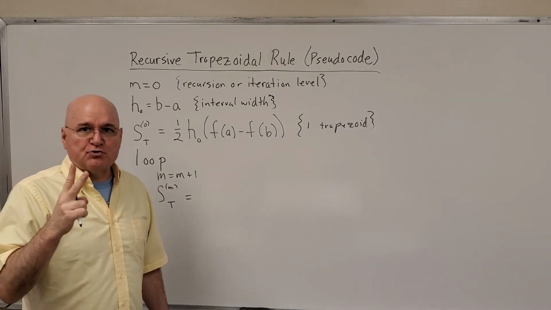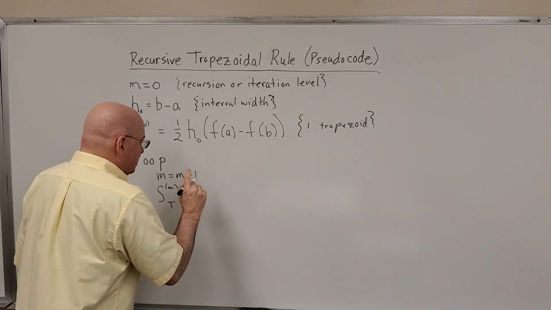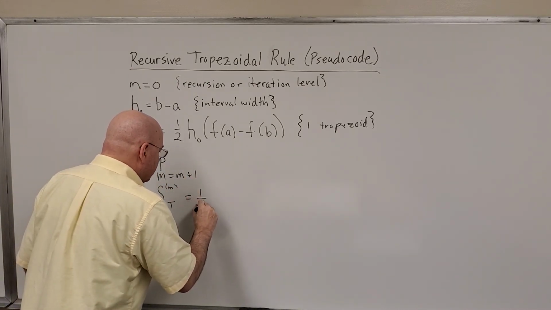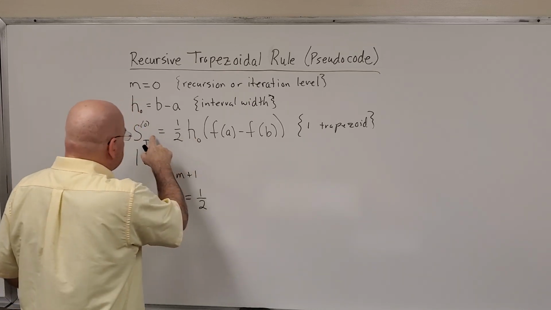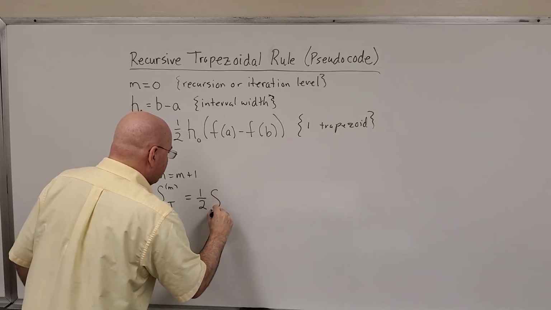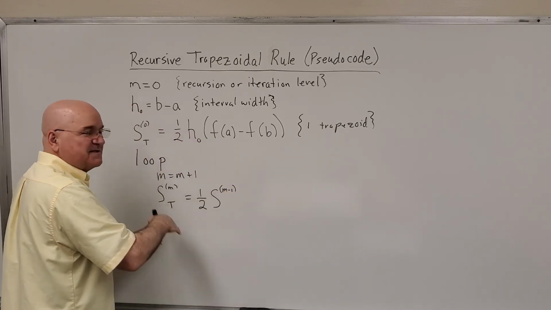So I'm going to use two trapezoids. And the nice thing about this is it's going to start off by just saying, I'm going to use 1/2 of the previous sum. Don't put 0 there because it's going to change every time.